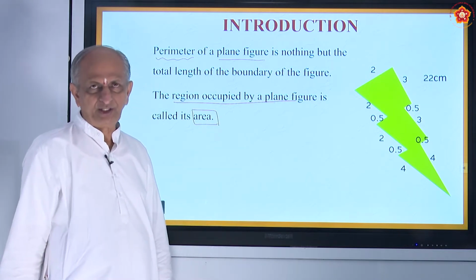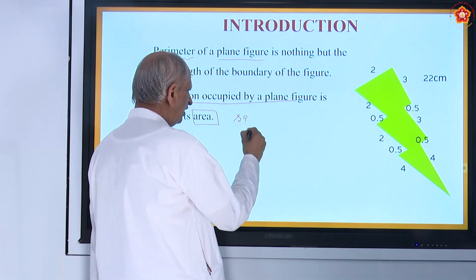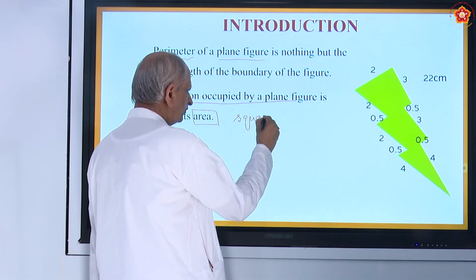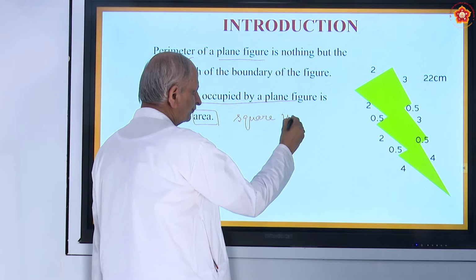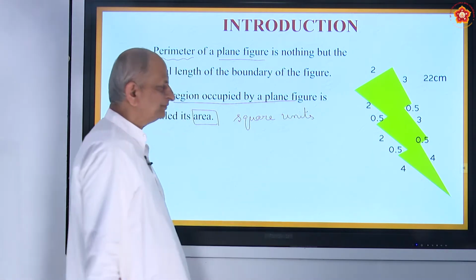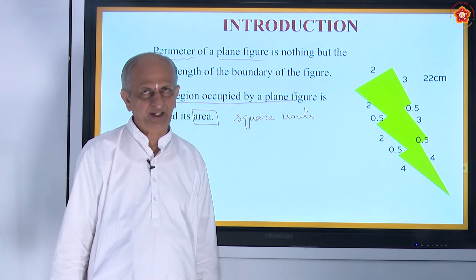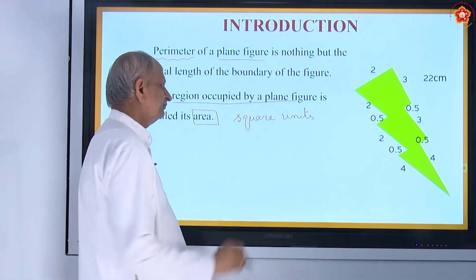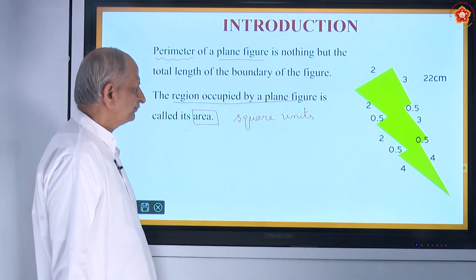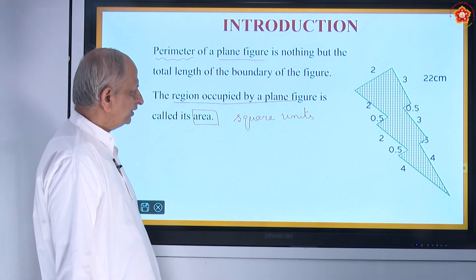And how do you measure the area? That is measured in square units. If it is meter, you write square meter. If it is centimeter, you write square centimeter. Square units, because it is connected to the area.